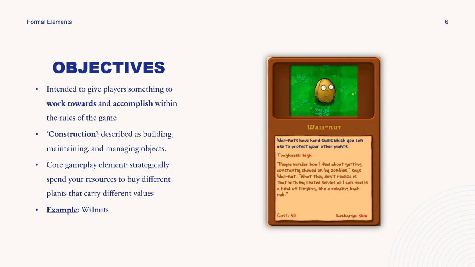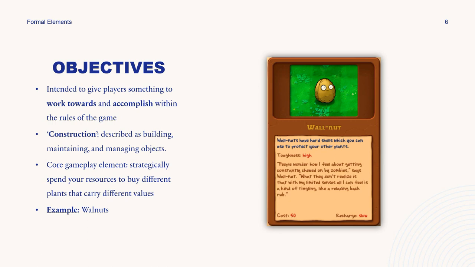The next formal element that I want to cover is objectives. The objective is meant to give players something to work towards and accomplish within the rules of the game. The objective in this game is construction. Construction is described as building, maintaining, or managing objects. In this case, the objects are going to be the plants and the fungi.